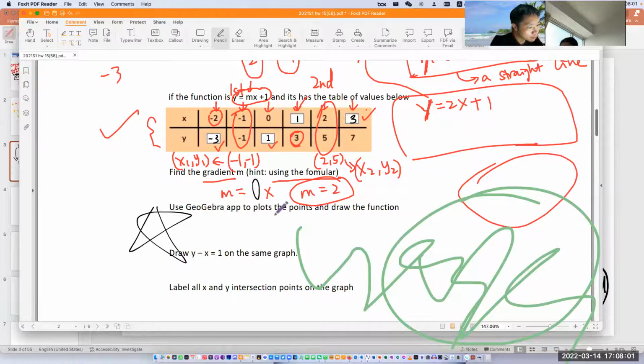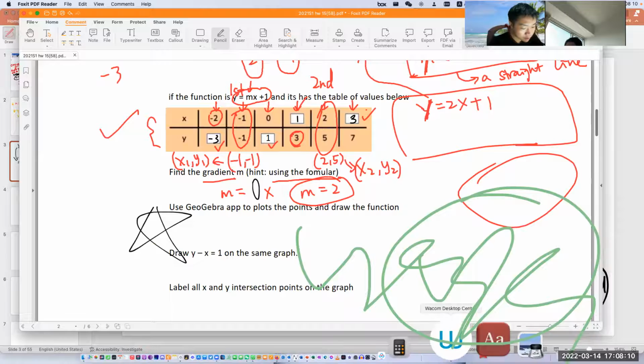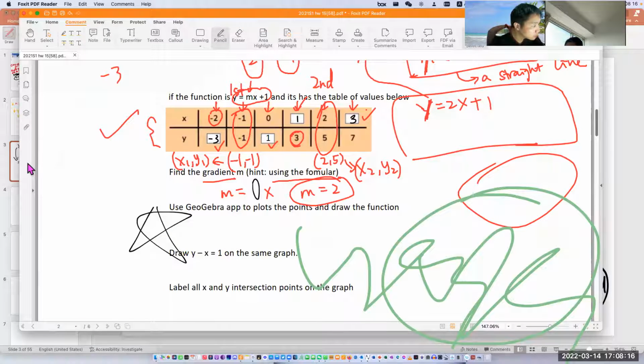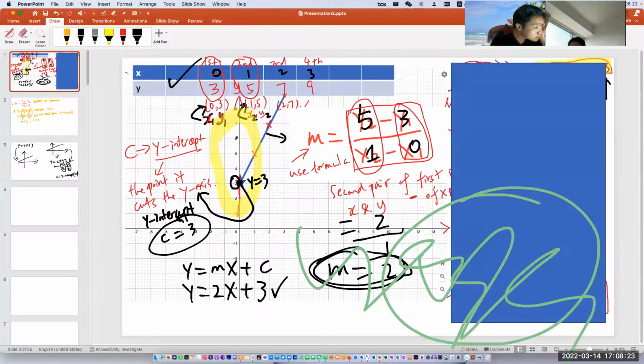Use the GeoGebra app to plot the points and draw the function. Okay, so I think instead of using the GeoGebra app, I will just use the graph paper. Oh, I already have the graph paper from the previous year.